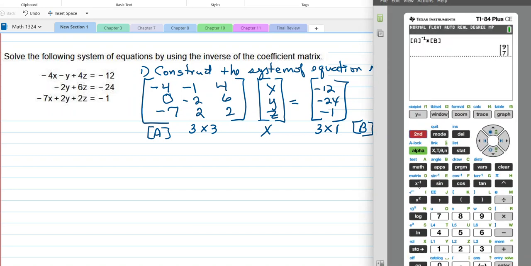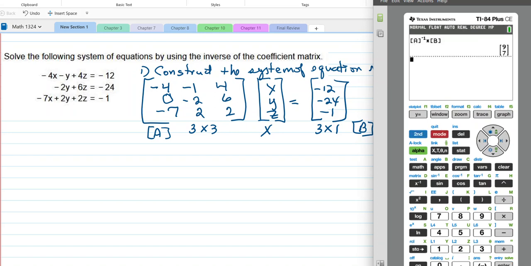So I'm going to go second matrix, edit, and this time I have a 3 by 3, 3 variables. 4, a -1, a 4, a 0, a 6, a -7, a 2, and a 2. All right, let's look. -4, 0, -7, -1, -2, 2, 4, 6, 2.